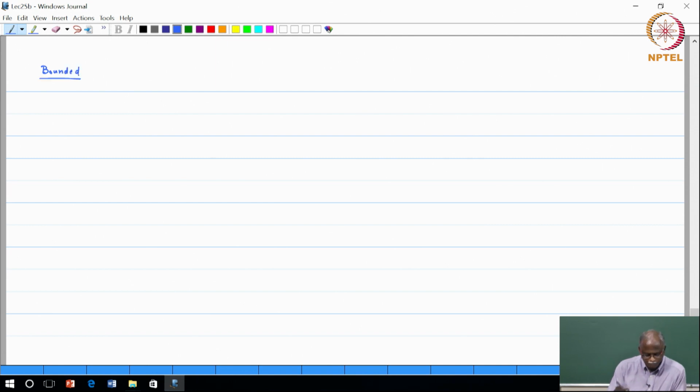Now very quickly I would like to introduce some additional terminology which is also important for us. I am going to talk about bounded transfer functions. Again, these are important for us in the study of filter banks, so that is why we are introducing them.